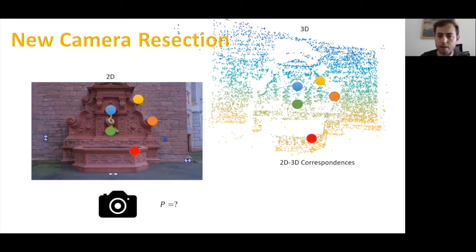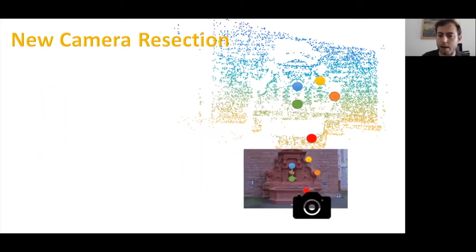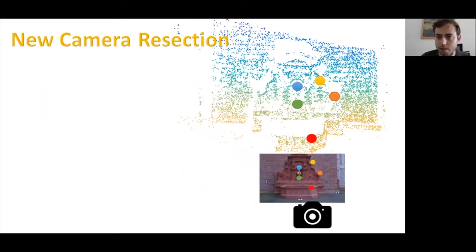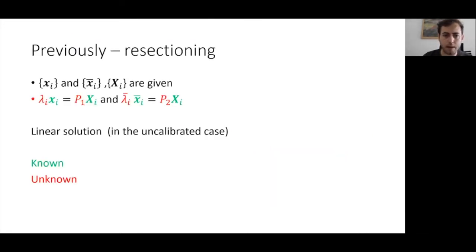And then by using these 2D-3D correspondences, we can align the camera to the 3D scene such that the 3D points are projected to the 2D points that we have. So in this case, we know the 2D points, we know the 3D points, and we need to find the cameras. So again, at least for the uncalibrated case, we get a linear solution for this problem.